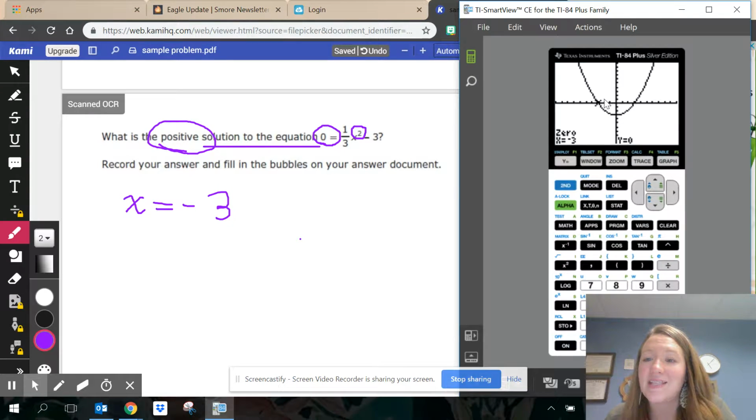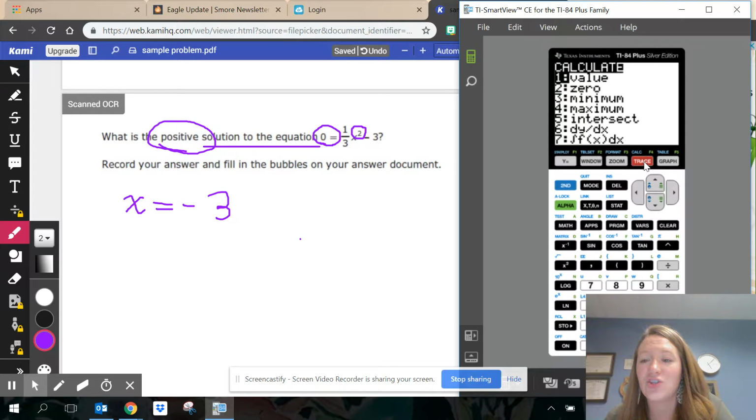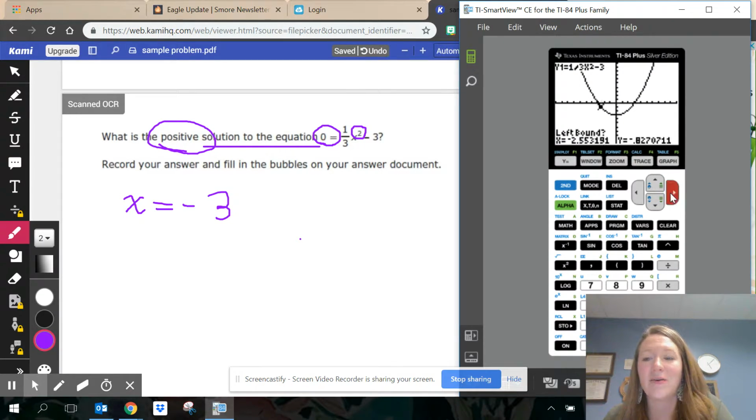No. But I see that there is another place on the graph over here where it hits and has a positive x value because it's on the right of my y-axis. So let's calculate that one. We're going to do second trace, which is calc again. I'm going to press number 2 to get to my 0, and this time I'm going to go to the left over here.